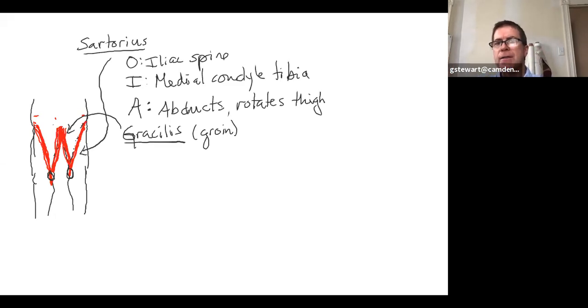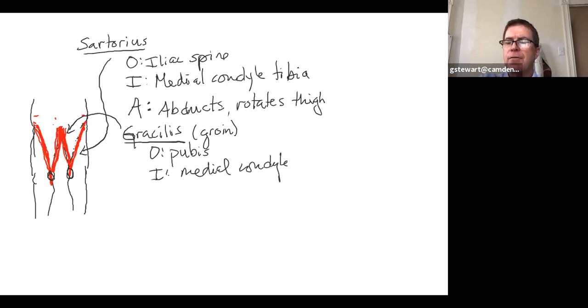The origin is the pubis. So the lower end of that pubic bone, inferior end of the pubis. The insertion is the same place as the sartorius, medial condyle tibia. You can see from my drawing, they insert at the same point.